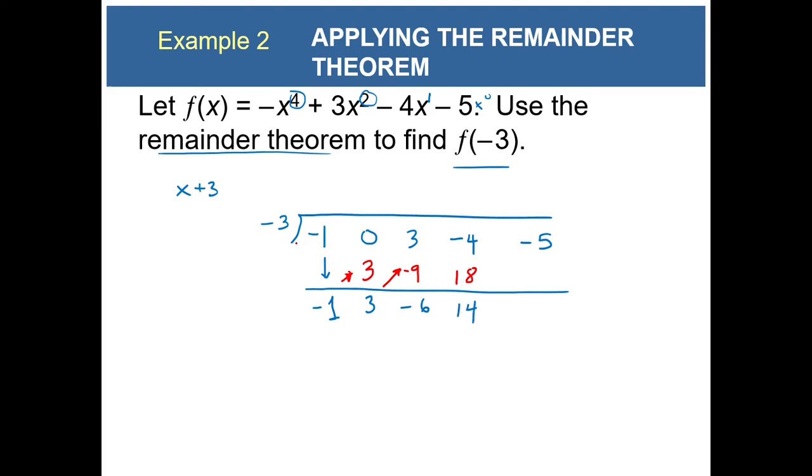Then we'll multiply negative 3 times 14, and that gives us negative 42. We'll add, and negative 5 minus 42 is negative 47. So according to the remainder theorem, we have f of negative 3 is equal to negative 47.